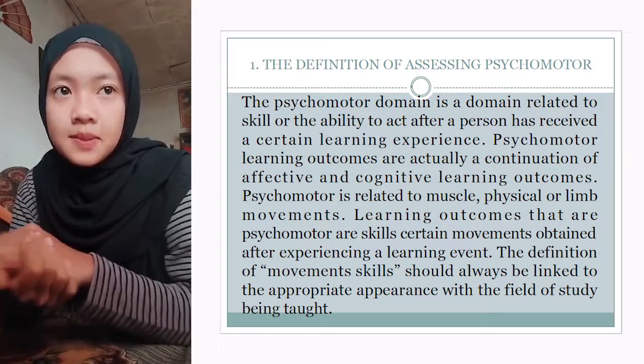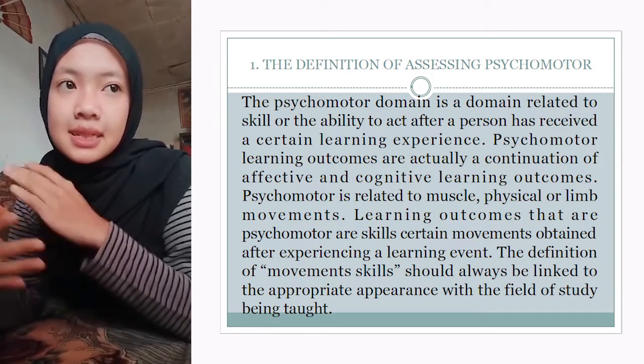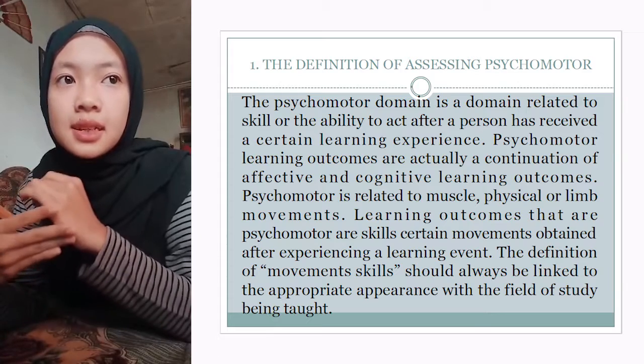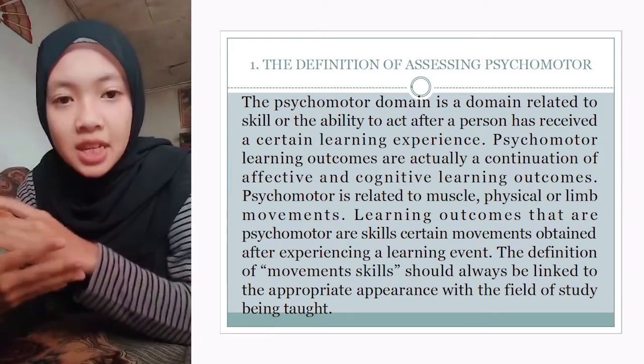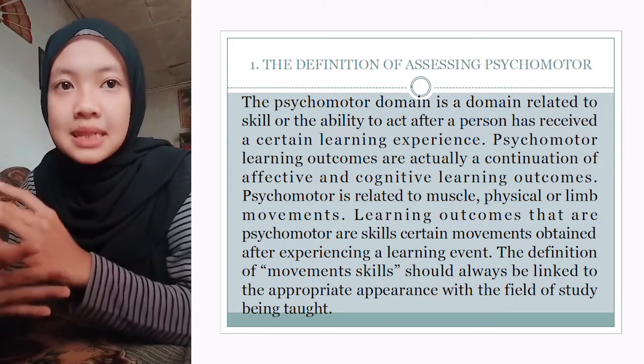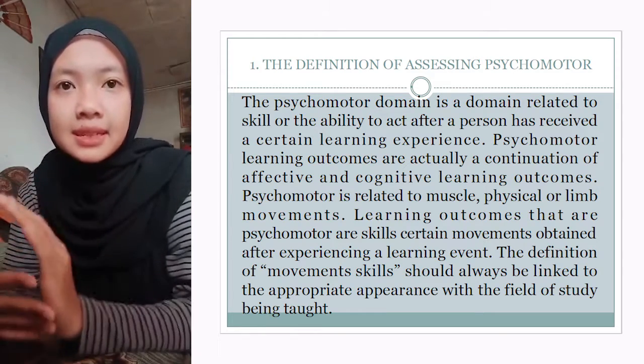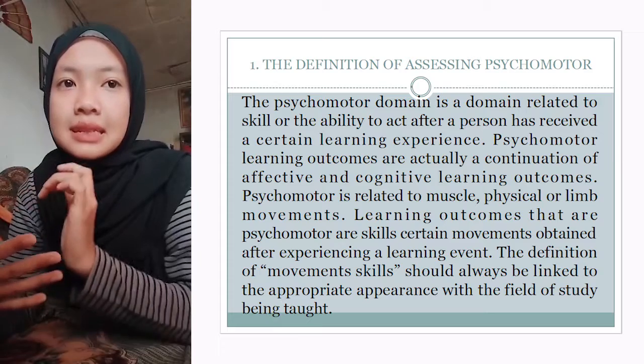Learning outcomes that are psychomotor are certain movements obtained after experiencing a learning event. The definition of movement skills should always be linked to the appropriate experience with the field of study being taught.